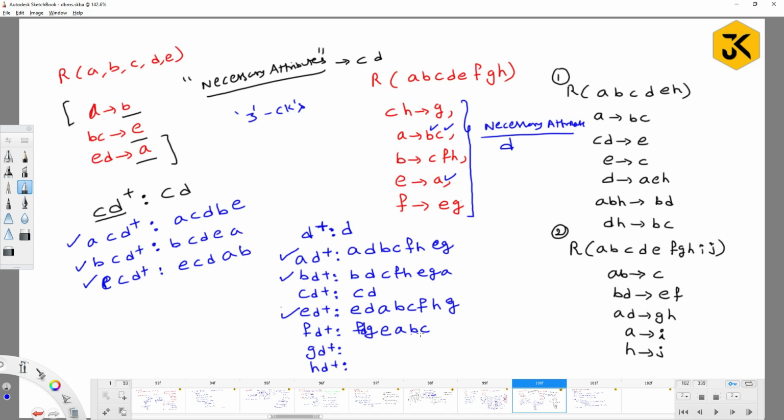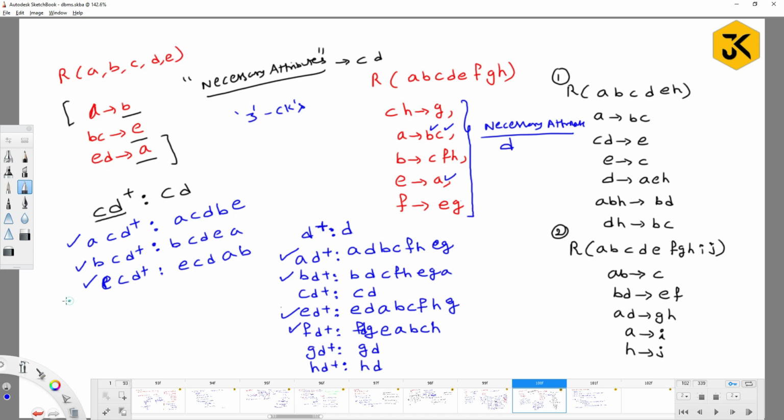And you have to cover H. How can you get H? From B you can get H also. So FD closure is possible. What about the remaining two? GD closure: GD. Will you be able to get any other things? No. HD: any other things possible? No. So at 2 level you are going to get 4 candidate keys.